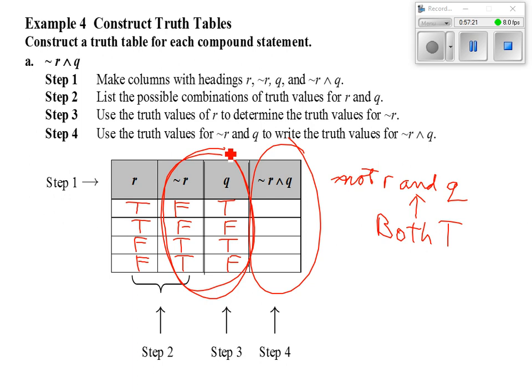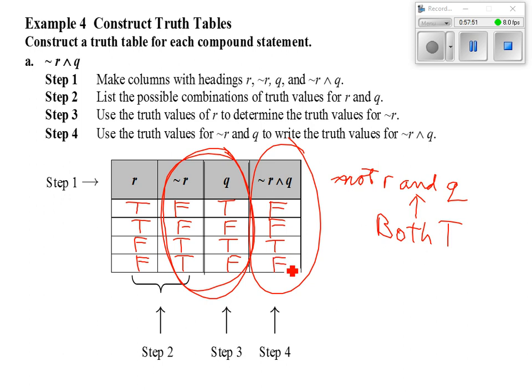Is the whole statement true or false? False. If not R is false, Q is false, what's the whole statement? False. Can't lie to your folks twice and then say, oh, okay, two falses make a true, right? That doesn't work. If this is true, that's true, what's the whole statement? This is true, that's false, what's the whole statement?